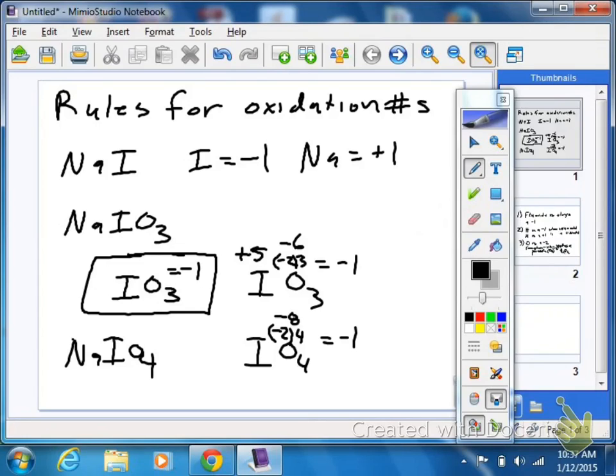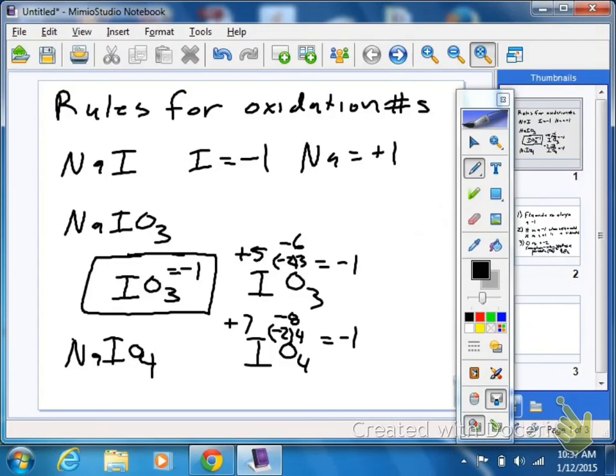What is iodine? +7. Is there a choice there for +7? Yeah. If you notice, I is with a non-metal. So iodine does not take on a -1 only when it's with a metal out in front. But if it's bonded to, most of the time we say oxygen, that's what you're going to get. Okay?